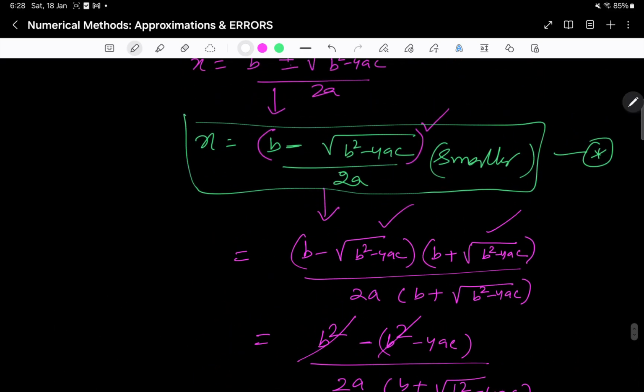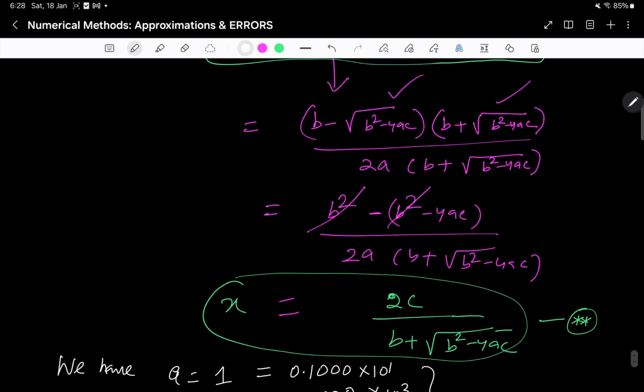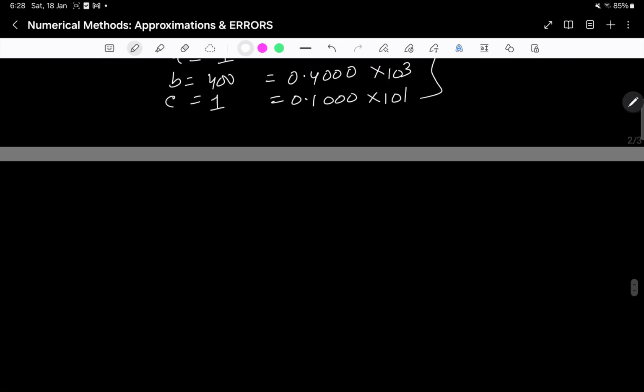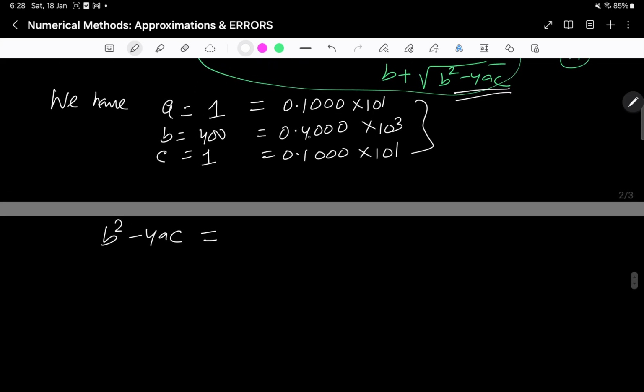Now in view of formula star, let us find b square minus 4ac root over. So I need to find b square minus 4ac now. What is my b square minus 4ac? b square means 0.1600 into 10 to the power 6, minus 4ac, which means 0.4000 into 10 to the power 1.